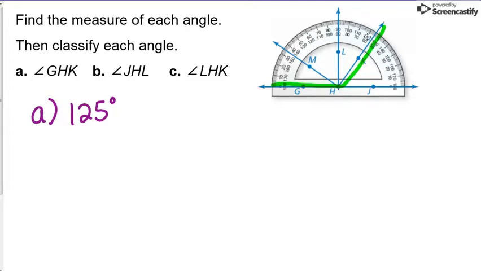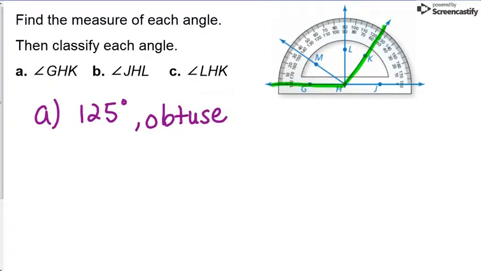So I'm going to look at the top this time. So that's 125 degrees. And I know it's a little hard to see on here. If you had an actual protractor, which we'll be using in class, then it'll be a little easier for you to see the exact numbers. But it's 125 degrees, and it is an obtuse angle.